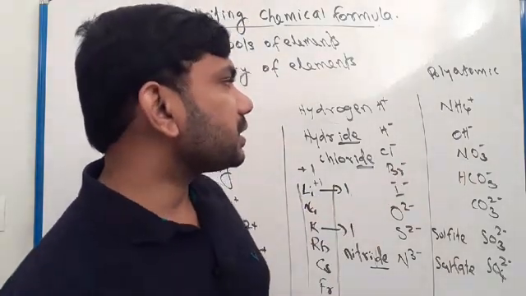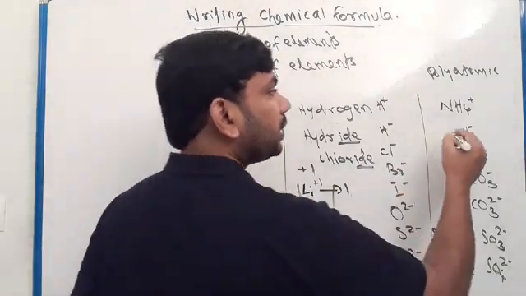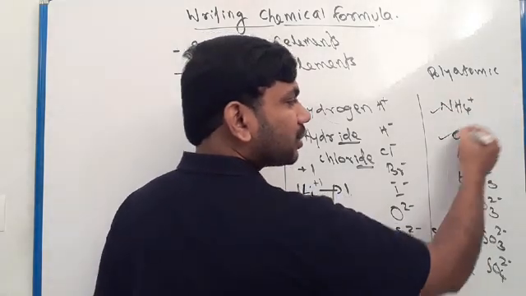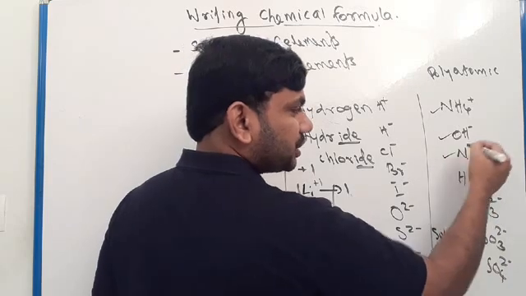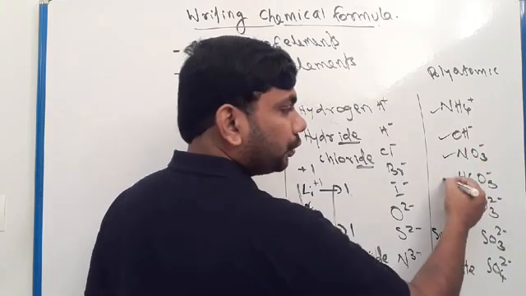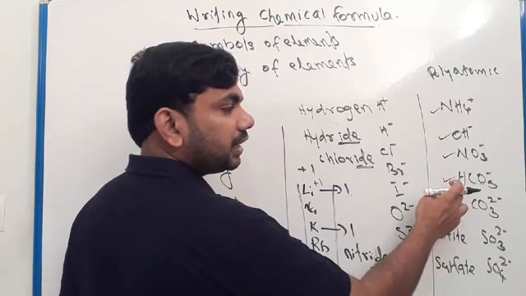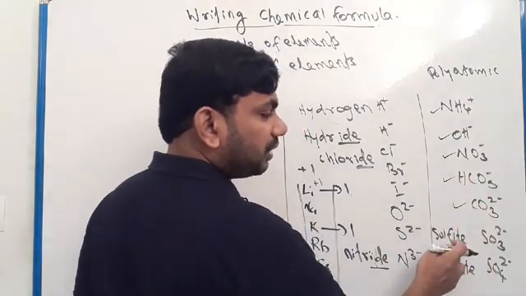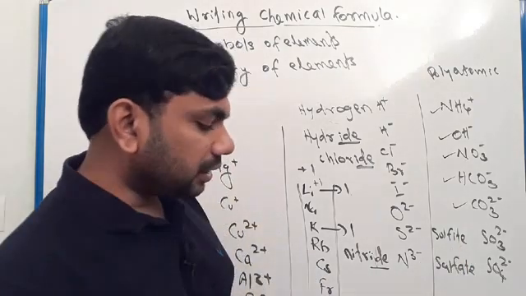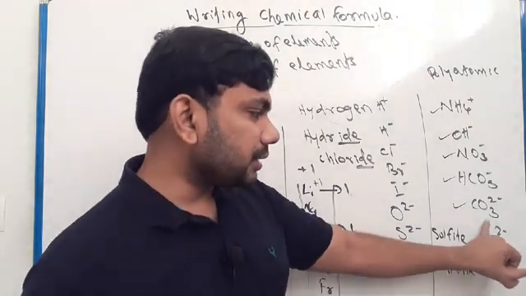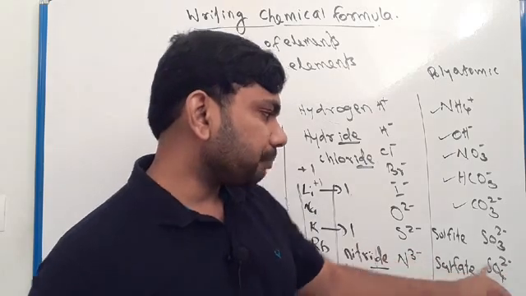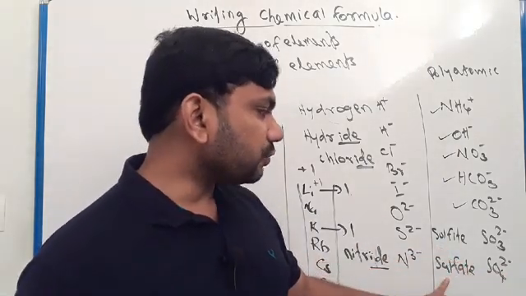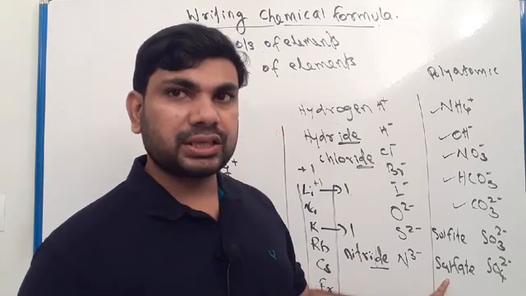So here this is ammonium, NH4 plus, ammonium, hydroxide, nitrate, carbonate. This is hydrogen carbonate, sulfite. Look here, SO3 2 minus, SO4 2 minus. SO3 2 minus is sulfite, SO4 2 minus is sulfate.